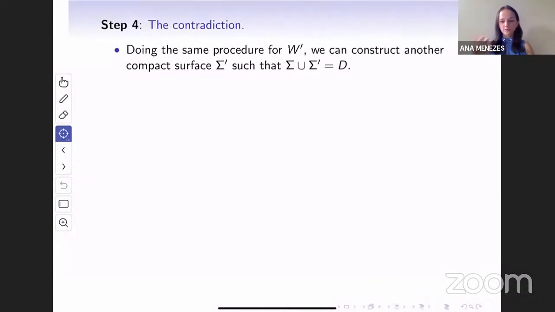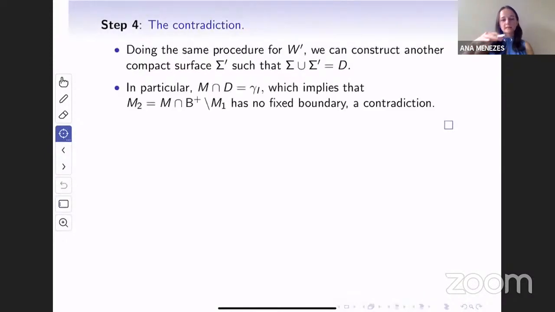With the properties of sigma and sigma prime, we can show that the union of them is the whole disk D, okay?